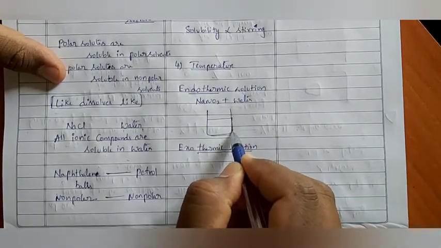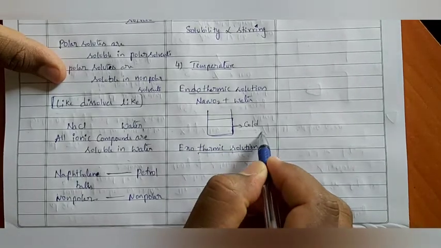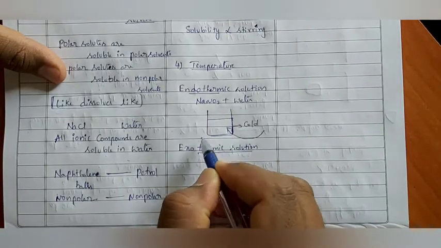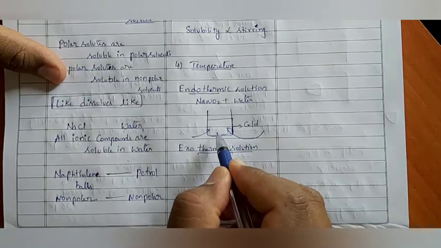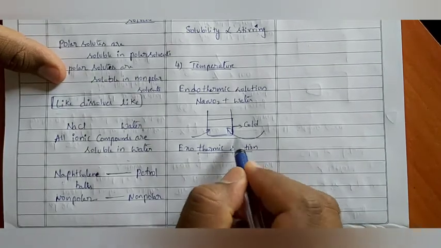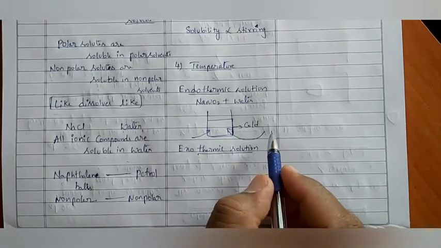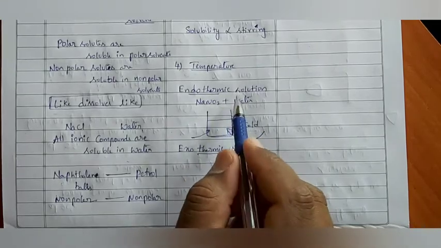Outside, if you touch it, it will be cold, because the surroundings' energy is absorbed by the solution. The type of solution which is formed by the absorption of energy is called an endothermic solution.